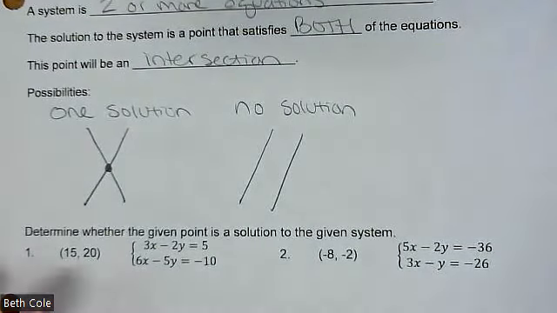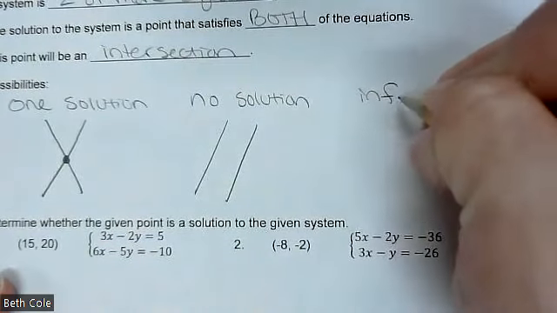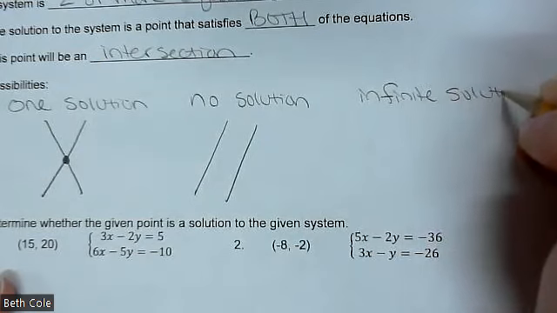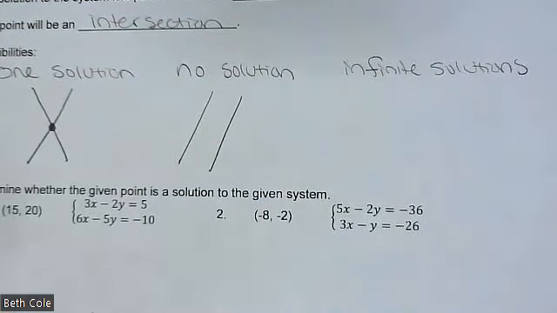And then there's a third option, which is infinite solutions. And this is going to look funny when I draw it, but it's where the graphs intersect literally everywhere. So you have a line, and then the other line is right on top of it. Like they're the same line.